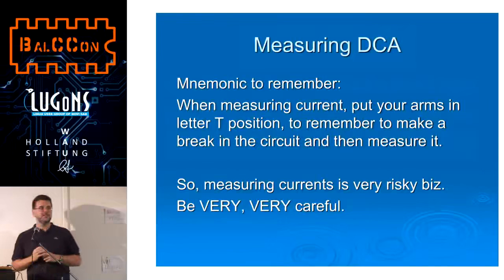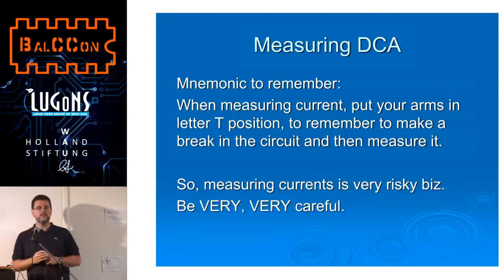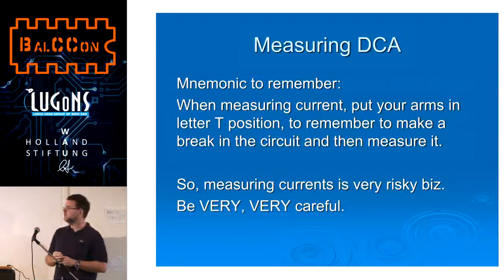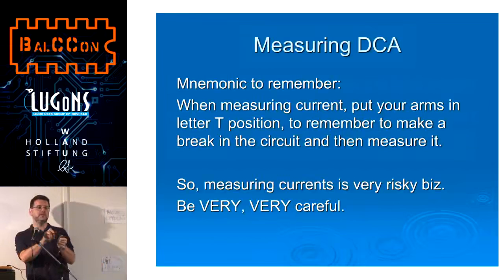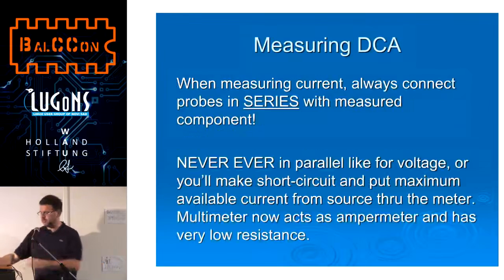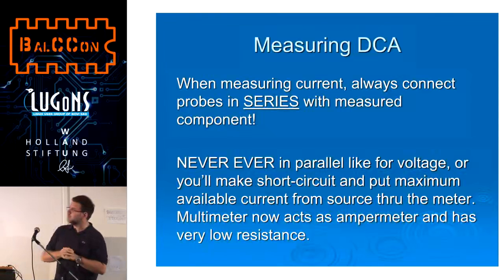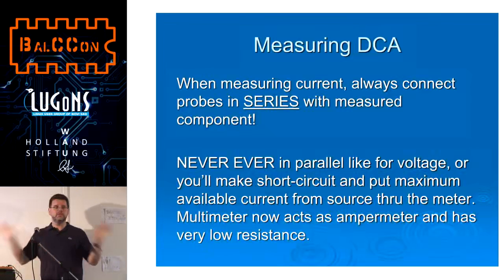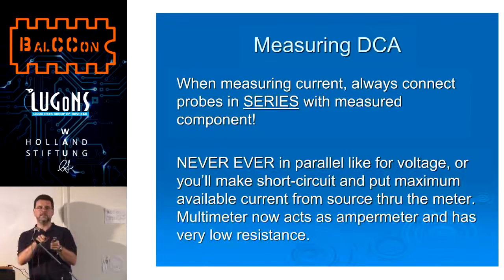So let's change to measuring DC current. When measuring DC current, you have to make a break in the circuit that you are measuring. You can't just measure in parallel like voltage. You have to make a break, and what's easy to remember, always put your hands in a T. Measure like this, not like this.